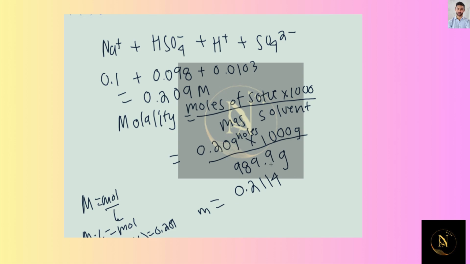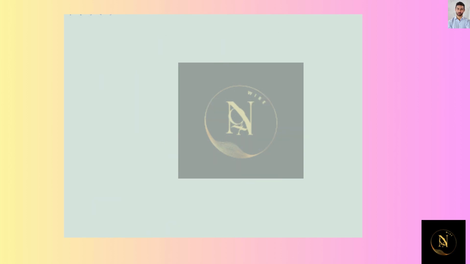Now, since we have our molality, we can use it in our equation for the boiling point temperature. So delta TB is equal to your KB times m, where lowercase m is your molality. When you look in the back of your textbook, your KB for the solution is 0.51 degrees Celsius per molal.